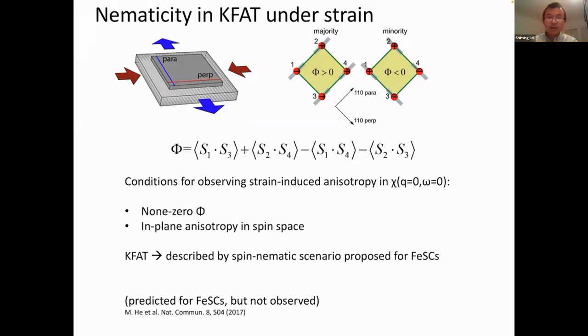Any other question? I have one question. Yeah, so for this compound, you refer to it as an insulator, and in the meanwhile you have this kind of cycloid or spiral spin order.